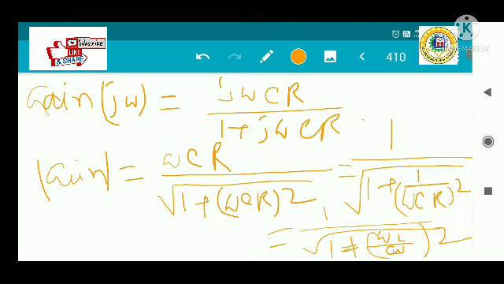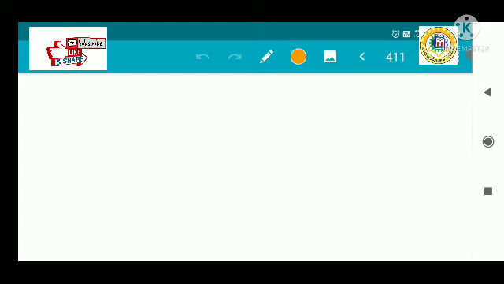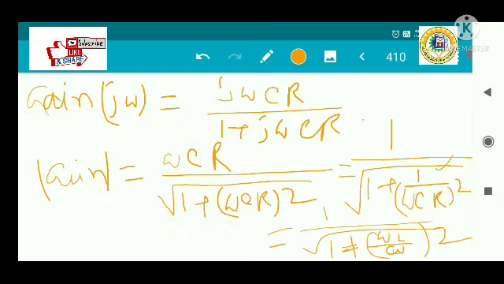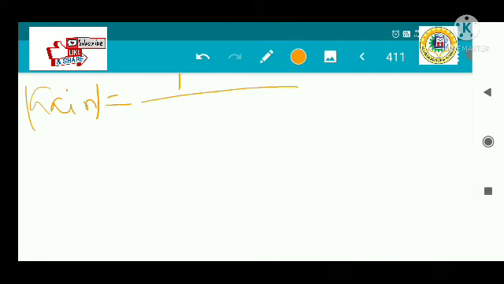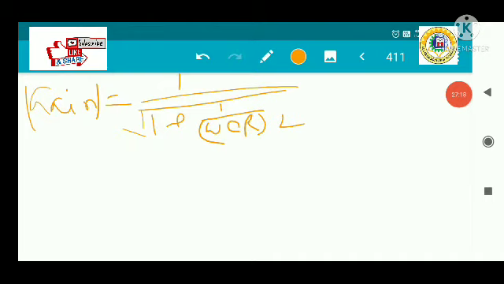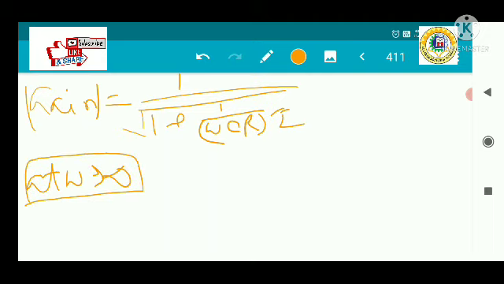Okay, so from there you can easily say, from this equation, I am writing the equation: gain is 1 divided by root over 1 plus omega CR square. Now from there, at omega tends to infinite, what will be your gain?